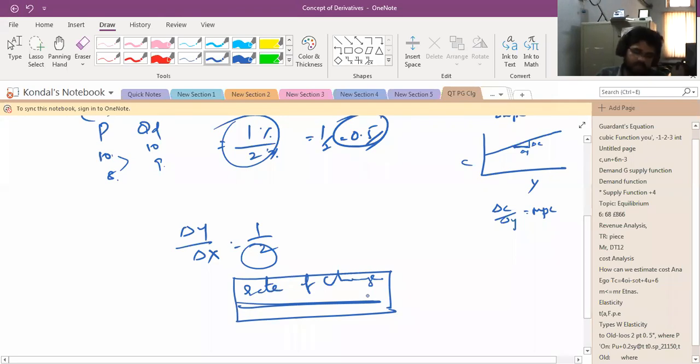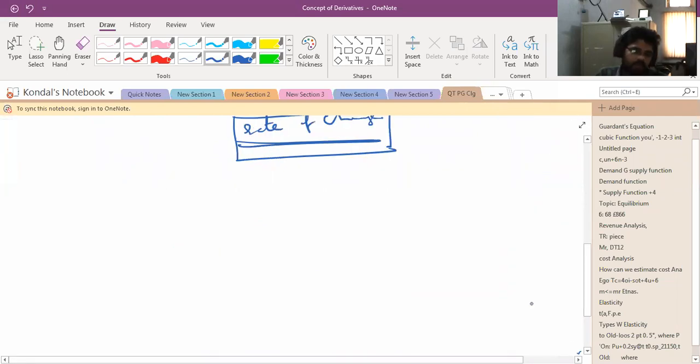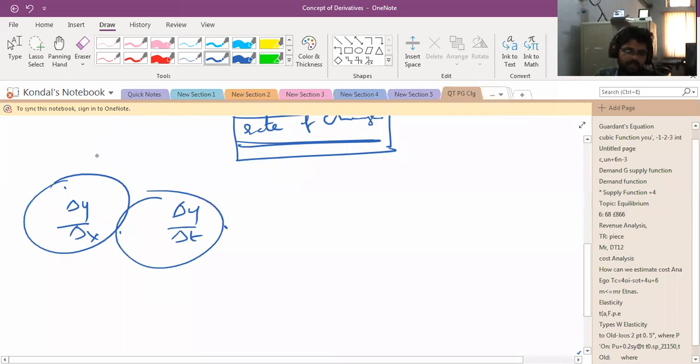So if you want to know this mathematically, generally we can write delta Y by delta X or delta Y by delta T. Before writing the derivatives, we can simply write y is equal to a function theta of t.